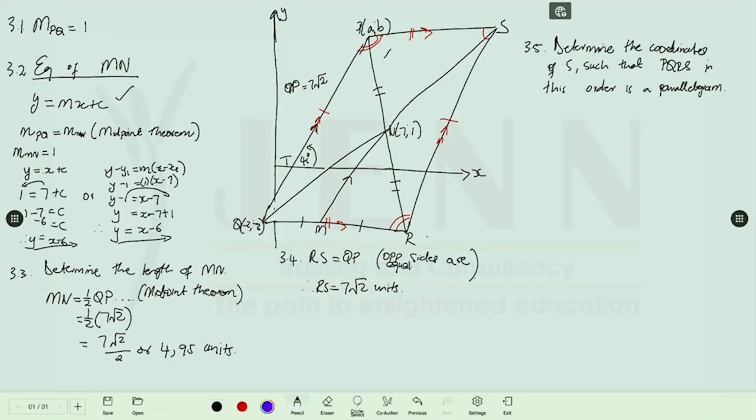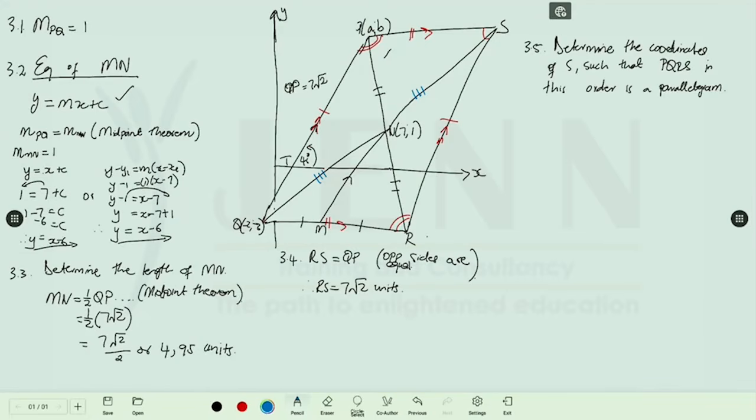What does that mean when we say the diagonals bisect each other? It means PN will be equal to NR, as well as QN will be equal to NS. We should be aware of that.